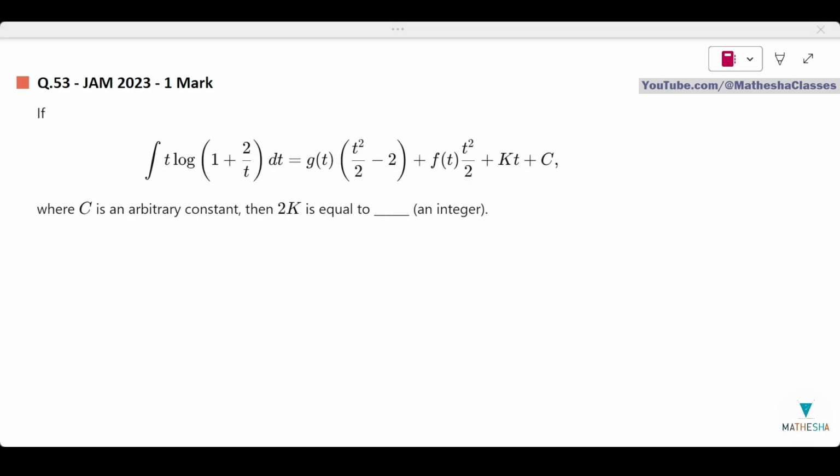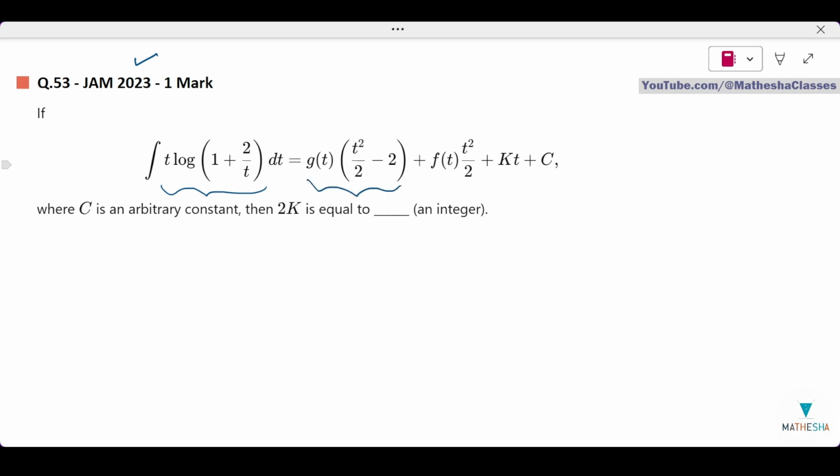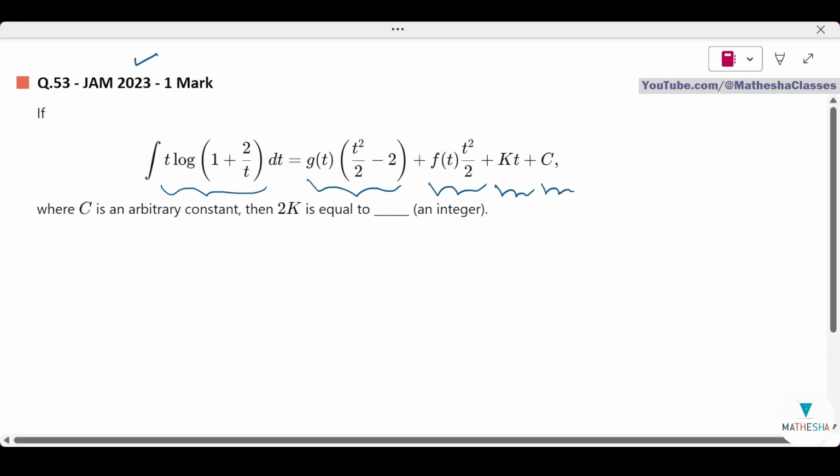Okay, so the next problem from JAM 2023. If integration t times log (1 plus 2 upon t) dt can be written in the form g(t) times (t square by 2 minus 2) plus f(t) t square by 2 plus kt plus c, where c is an arbitrary constant, then 2k is equal to what?